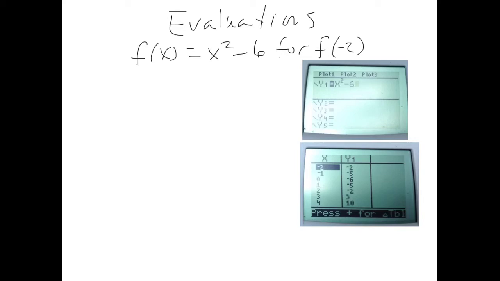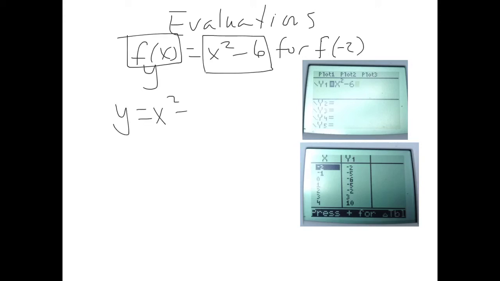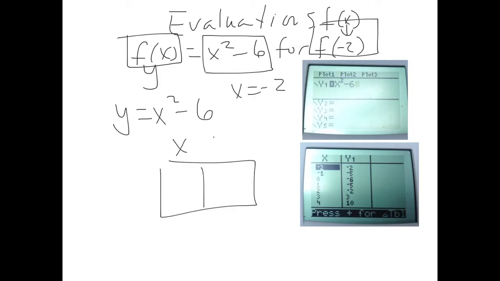If we're going to do function evaluation, so we're given an f of x, which is the same as y, and we're given x squared minus 6. So this is basically y equals x squared minus 6. And we want to do for an f of negative 2, so that's f of x. So they're telling you that x equals negative 2. Right? So the way I like to think of it, if you have a table, x is negative 2, we're looking for y.